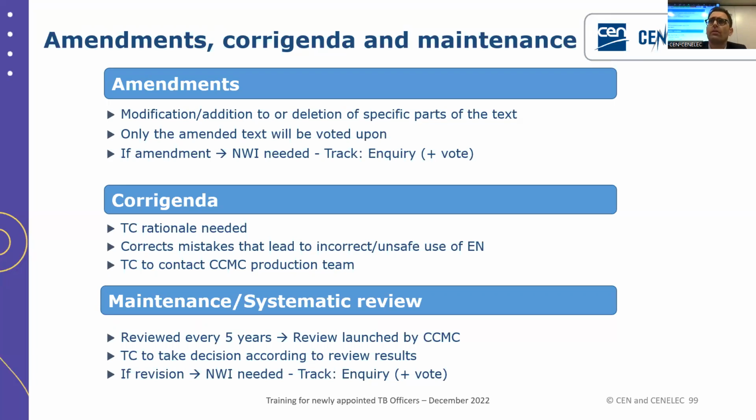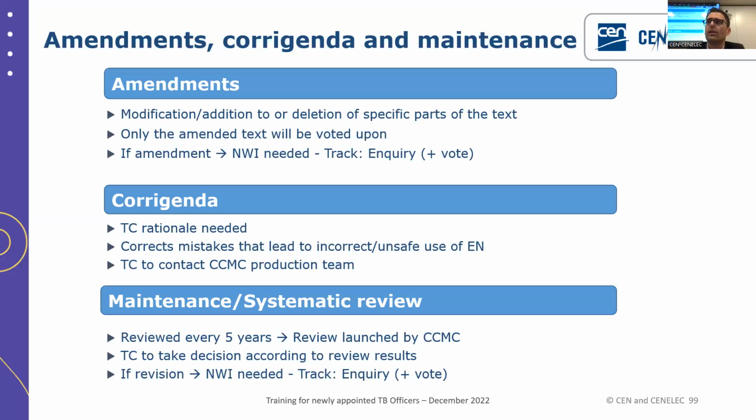There is an important golden rule for amendments: you cannot produce an amendment of a standard that is older than 4 years. If it's older than 4 years, forget about amendments. If you want to change something small or something big, you are forced to go with a revision.